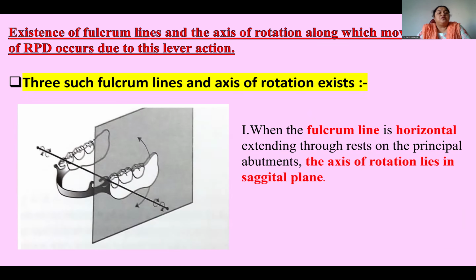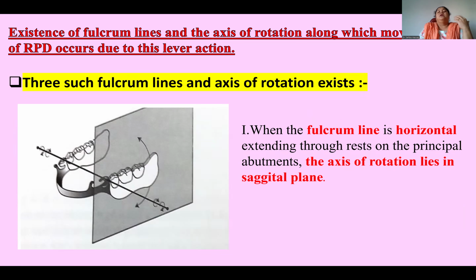Now, the existing fulcrum lines and axes of rotation are also important. When the fulcrum line is horizontal, as you see in the picture, extending through the rests on the principal abutments, the axis of rotation lies in the sagittal plane. Three such fulcrum lines and axes of rotation exist when we are doing RPD.